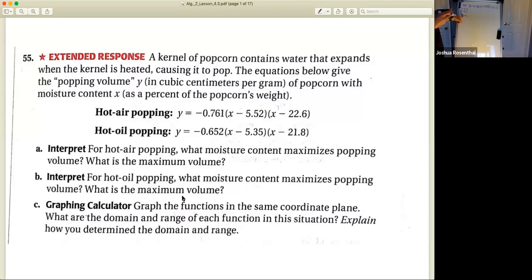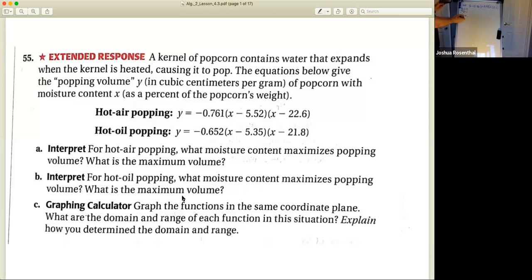Am I interpreting that right? X is going to be as a percent of the popcorn's weight. So its moisture content at the maximum popping volume is going to be when the content reaches 14.06% of its weight.